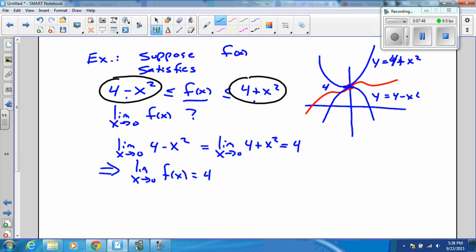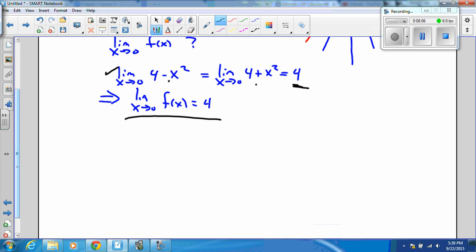And I'll show you some instances in class where we can find bounding functions easily. But usually, you're just given the bounding functions, and given those bounding functions, you check the limits of those bounding functions, and if lo and behold they both go to the same value, then voila, your middle function must go to that value as well, because that is the statement of the squeeze theorem, which I will restate as we say goodbye.